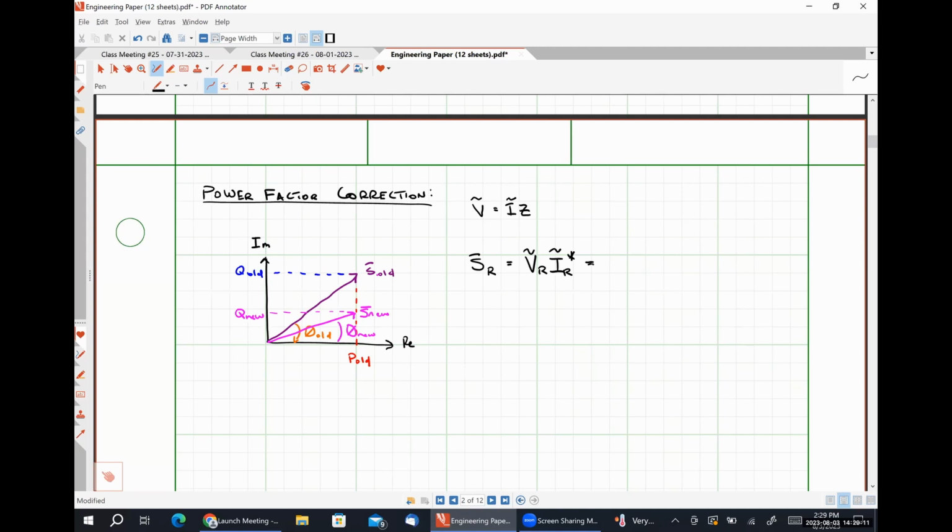So that we would have the voltage drop across our resistor multiplied by the voltage drop across our resistor divided by the impedance of our resistor, conjugate. So that's our complex power.